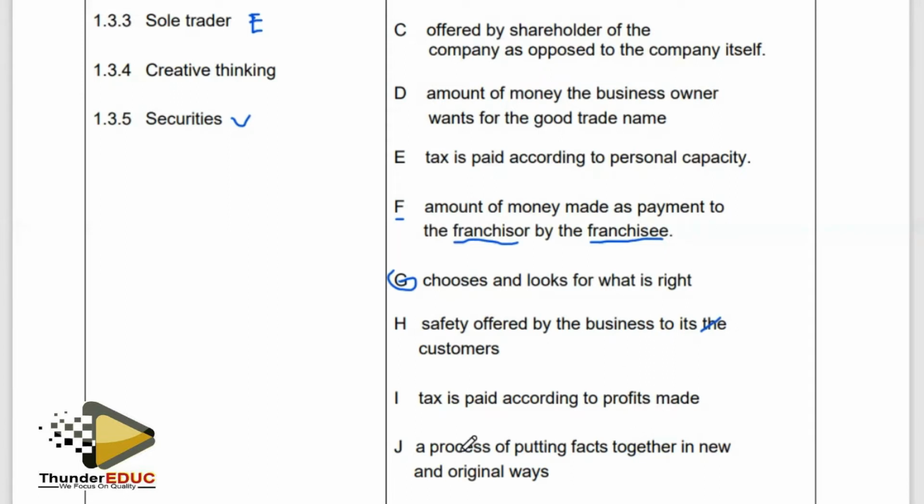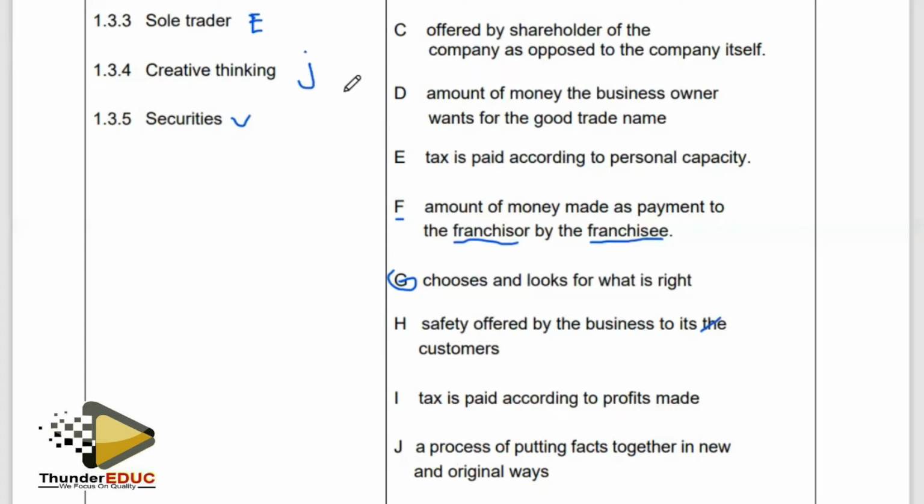It is a process of putting facts together in a new and original way. So our answer here is J. J is the most appropriate answer here.